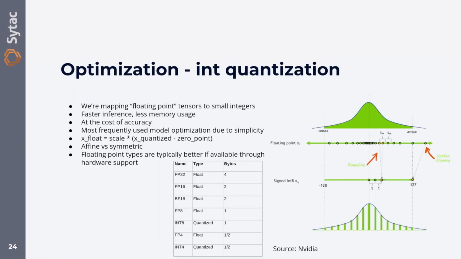So basically you change your number type to an integer, and you have a specific mapping parameter, a zero point and a scale, so that you can map this continuous range of floating points to an integer in a way that you can still do matrix multiplication operations on it and still get a decent answer. You have reduced precision with this, right? And because it's the easiest option, this is basically the most frequently used model optimization.